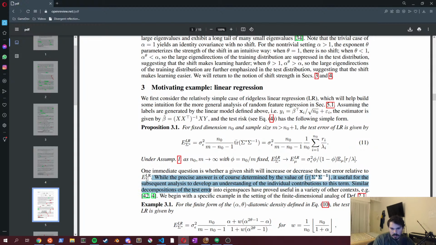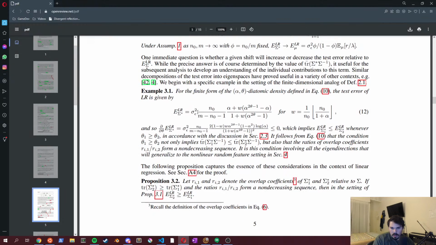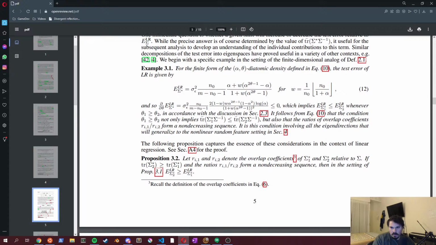Similar decompositions for the test error into eigenspaces have proven useful in a variety of other contexts, e.g. in 42 and 4. We begin with a specific example in the setting of the finite dimensional analog in definition 2.1. For the alpha theta diatomic density defined in equation 10, the test error of linear regression is given by this thing.